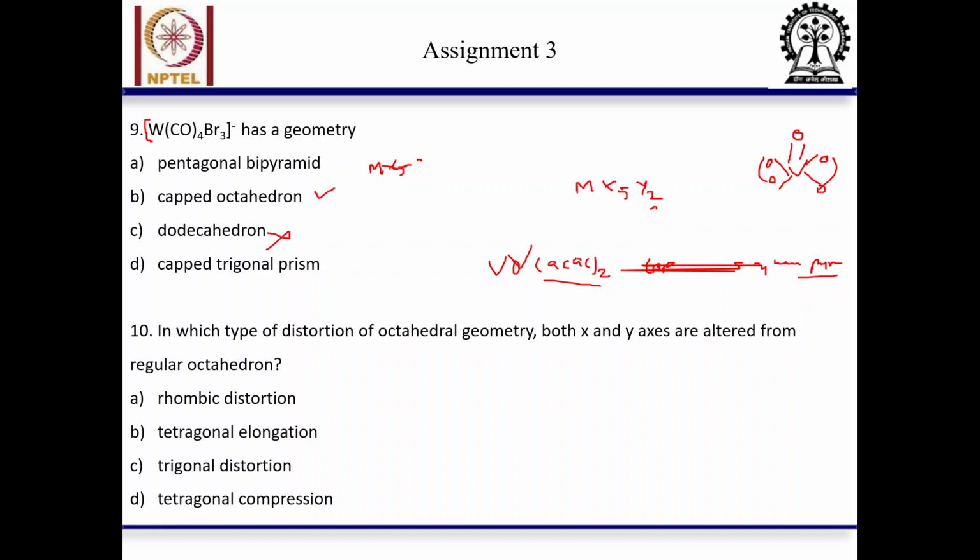Any other guesses? If you are saying tetragonal elongation, then why not tetragonal compression?